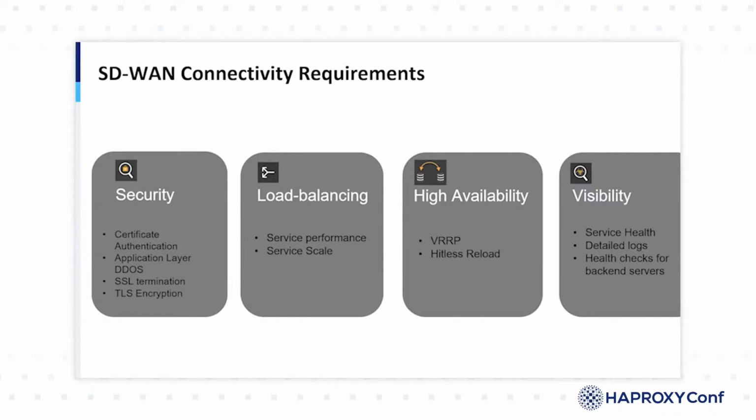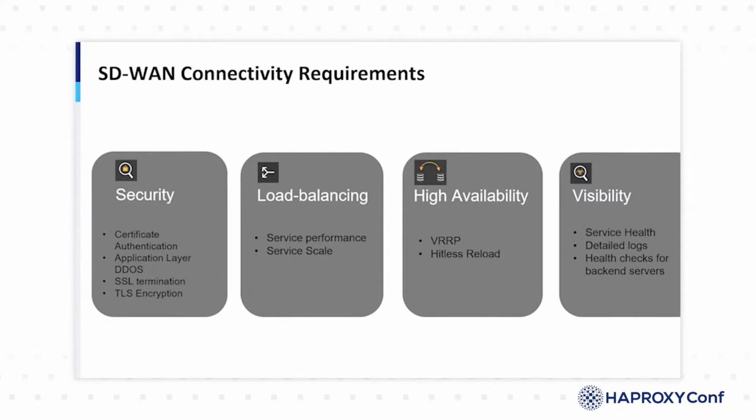Some of the network interfaces on the utility host are exposed to application layer DDoS. So there needs to be protection against application layer DDoS. SSL termination and TLS encryption are inherent requirements there, and any component or solution such as HAProxy needs to support this.